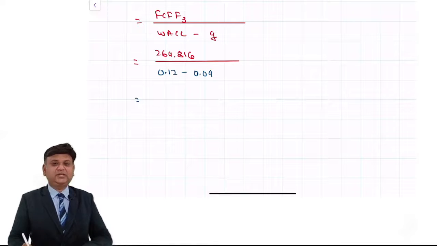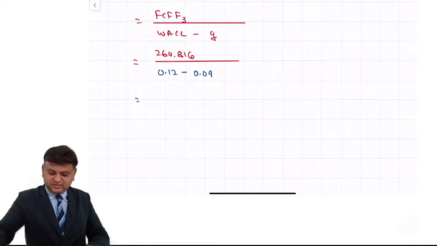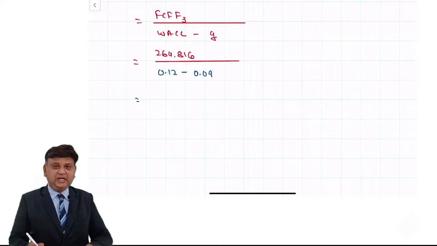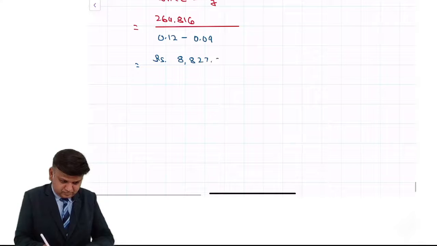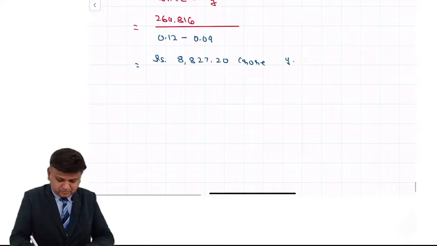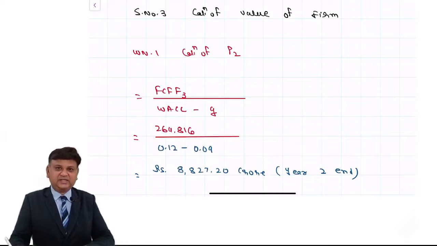That is, the third year cash flow will grow at the rate of 9% for perpetuity. So the answer would be 264.816 divided by 3%, 8827.2. This is the present value at the end of the second year.